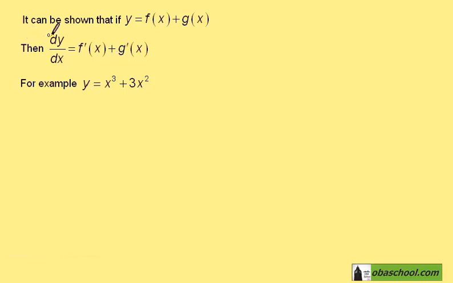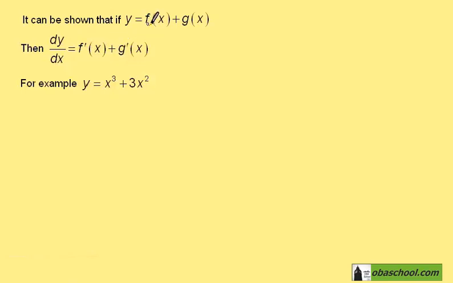It can be shown that if y is the sum of two functions of x, then to get the gradient function dy/dx, we have the sum of the differential of each of those functions.